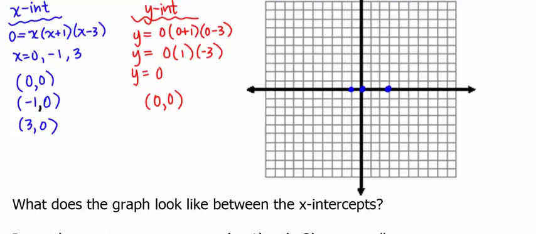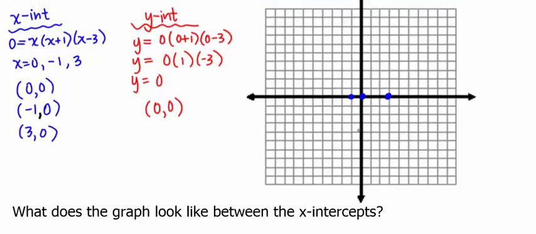Now, what does this graph look like between the intercepts? Well, we've got -infinity to -1, -1 to 0, 0 to 3, and 3 to +infinity. This is a degree 3, so we know that the further out we go on the x-axis in either direction, the larger y is going to be.